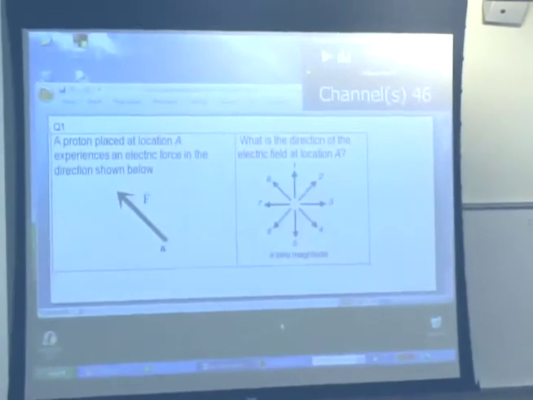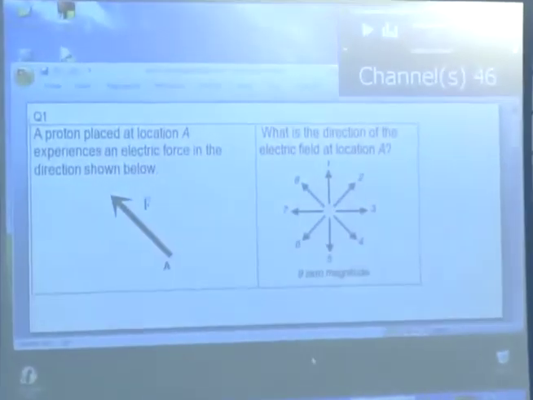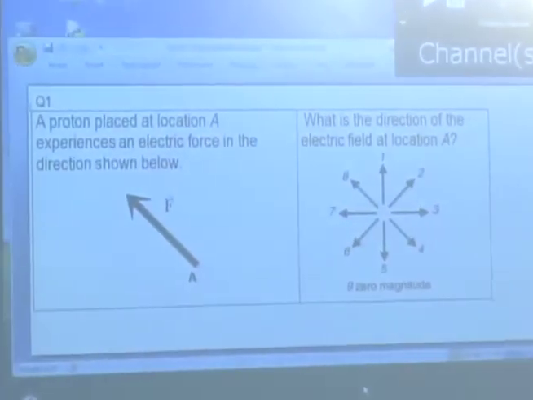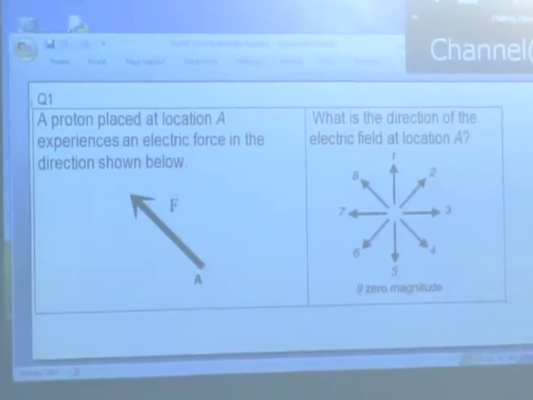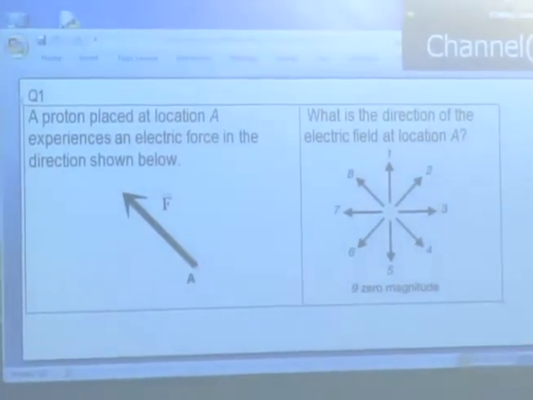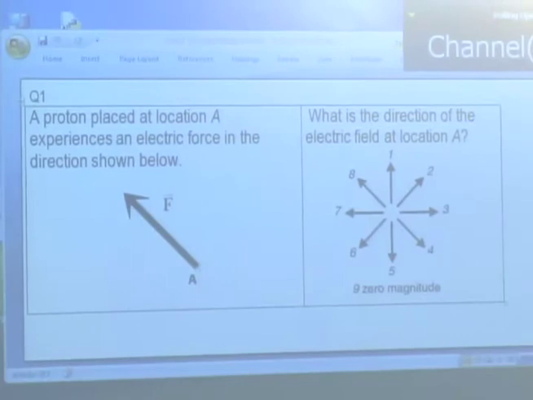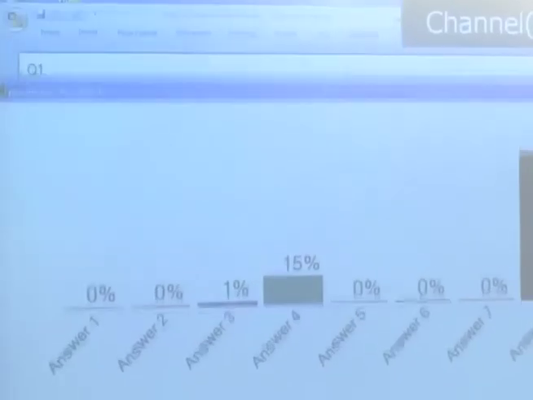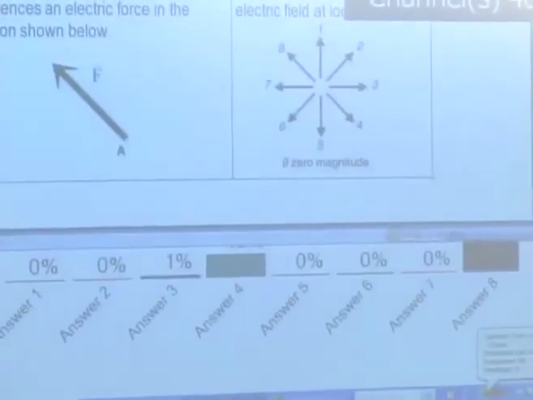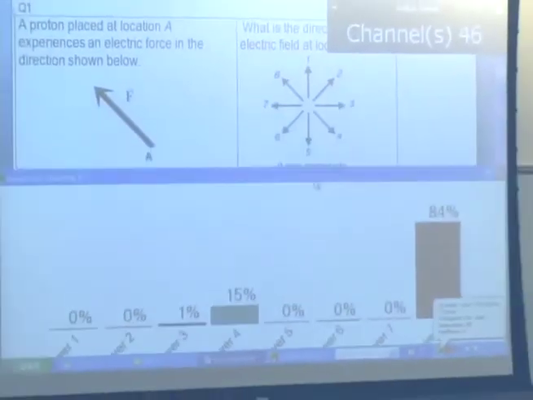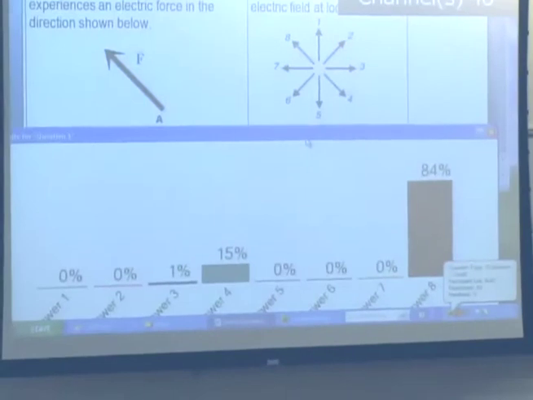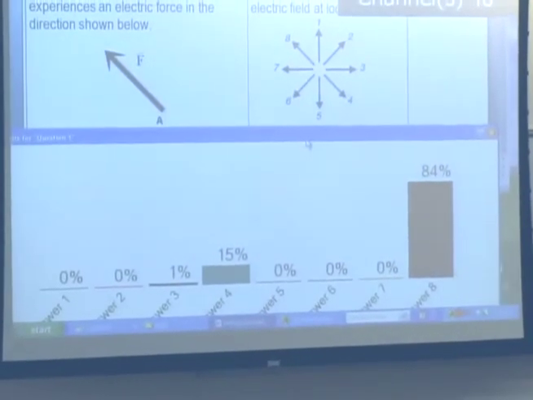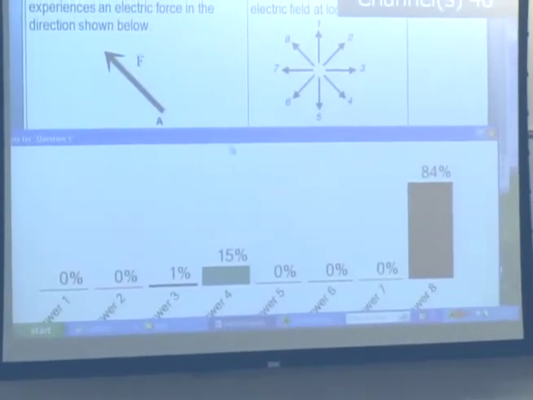So a proton is placed at location A, and it experiences an electric force in the direction shown. What's the direction of the electric field at location A? Pretty overwhelming vote for direction 8, which is correct. You place a proton there, and the force is in direction 8.